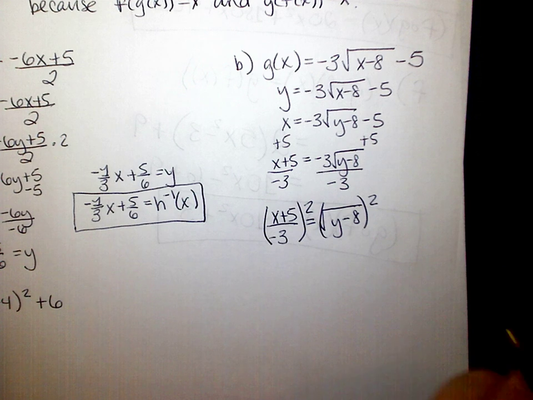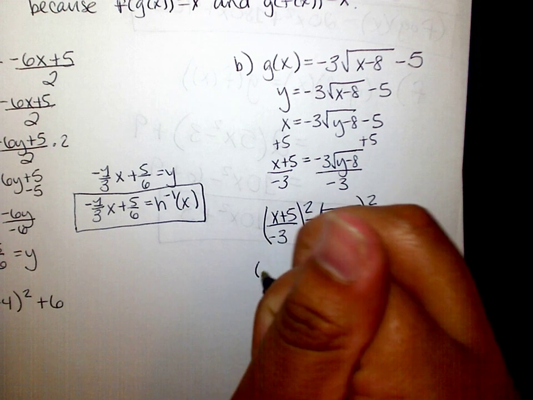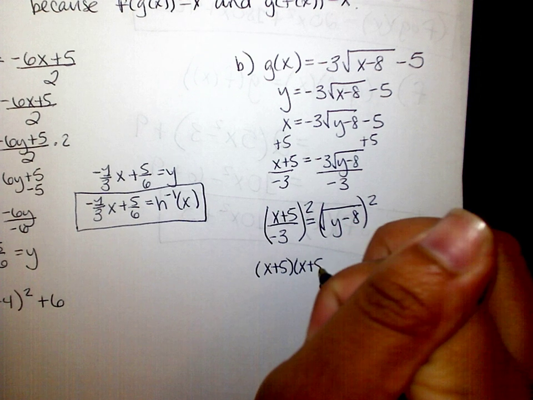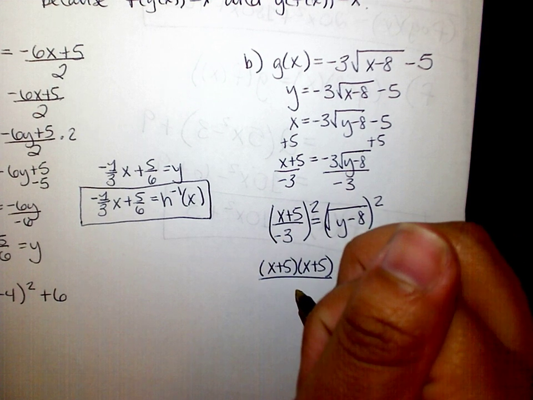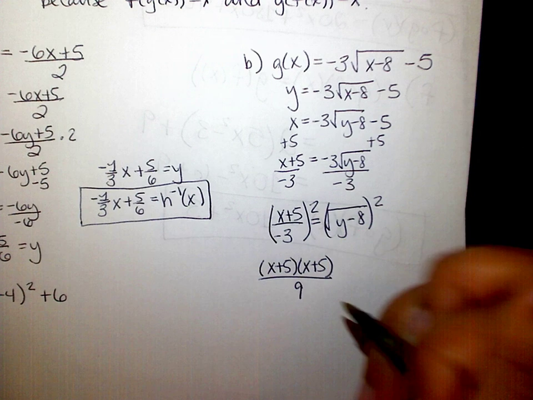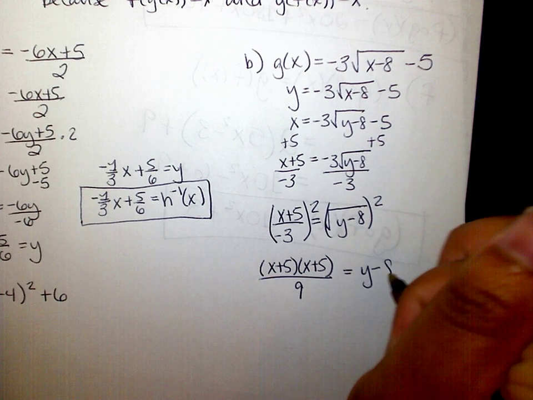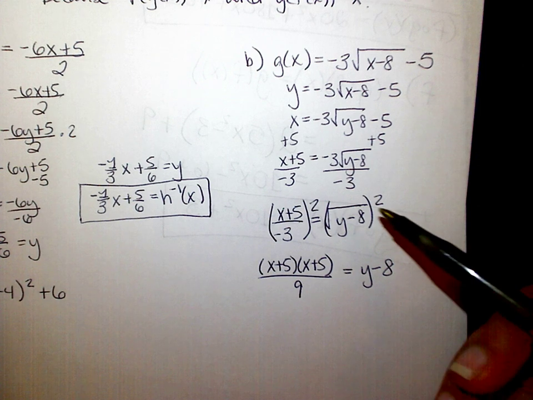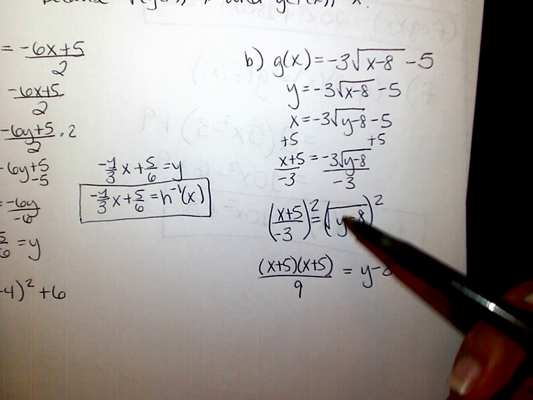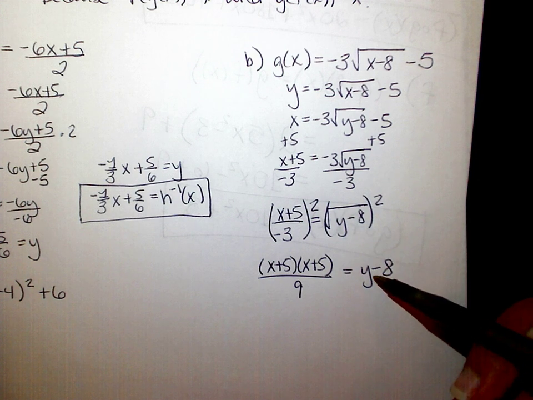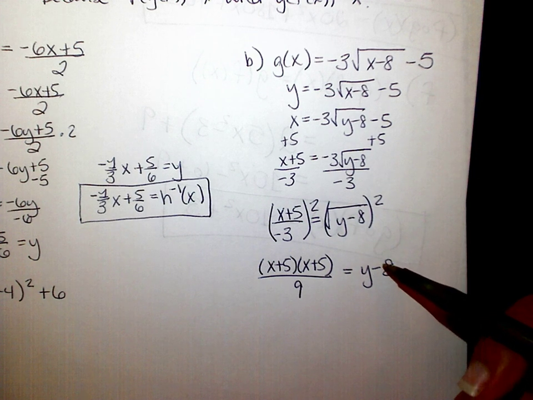So then we get x plus 5 over negative 3 squared, which is 9, equals y minus 8. Remember, squaring a square root cancels out the square root, so we're just left with the radicand, y minus 8.